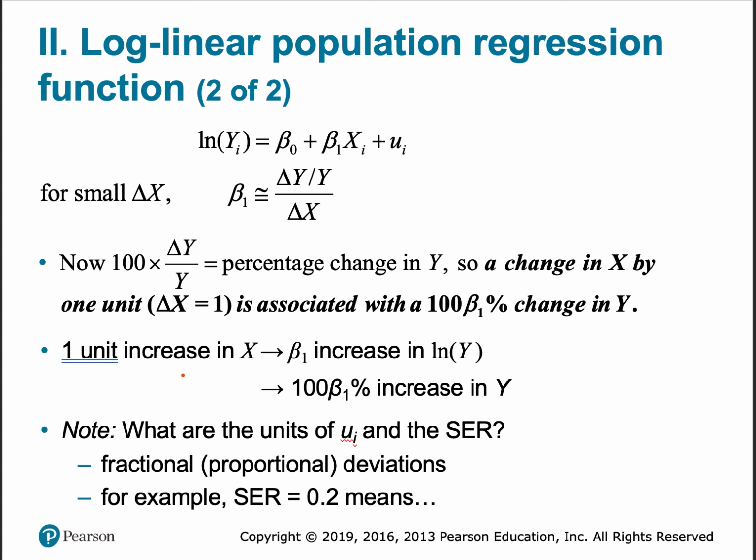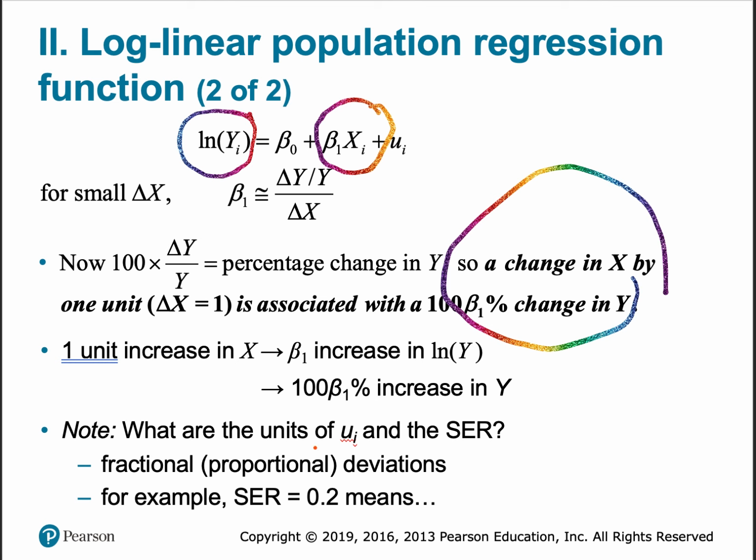Alright, so a 1 unit increase in x gives a beta 1 increase in ln y, or a 100 times beta 1 percentage increase in y. In the case that your dependent variable is measured in natural log, but your independent variable is not, then you can use this rule.